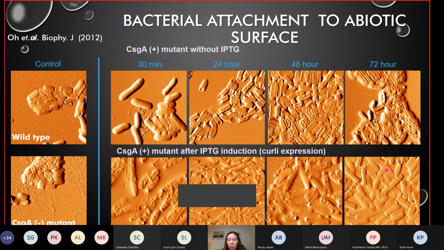And after 72 hours, they completely cover all the surface and also produce extracellular polymeric substance to make the mature biofilm structure. So I want to say that AFM is a really great tool to show images, not only at the single molecule level but also at the macro size, like a bacteria or single cell surface.